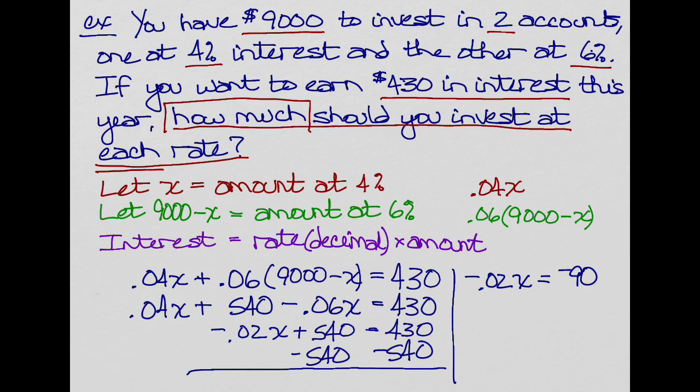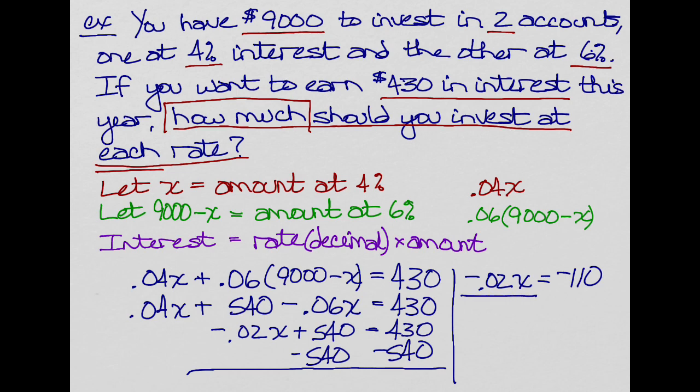We'll divide both of those. Oh, guess what? 430 minus 540 is not, in fact, negative 90. That's negative 110. That'll work better. If you make a mistake, fix it. Keep going. What are you going to do?